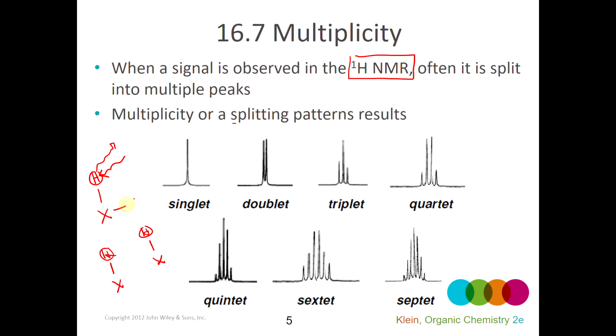So let's say there's another atom here, maybe it's carbon with another hydrogen. If the hydrogens are close enough, they can affect each other's energy. So for this hydrogen, when it absorbs energy and re-emits it, the amount of energy necessary to excite its nucleus to the different spin state can be affected by the current spin state of the neighboring hydrogen.